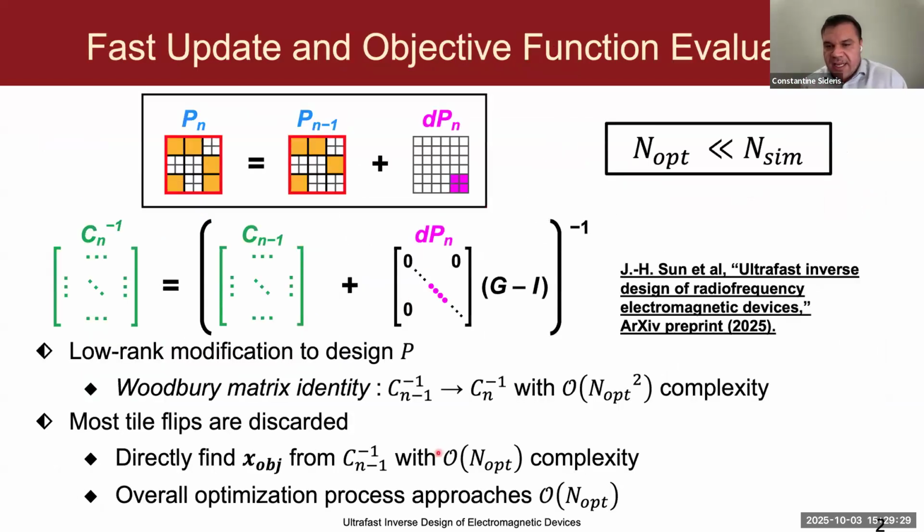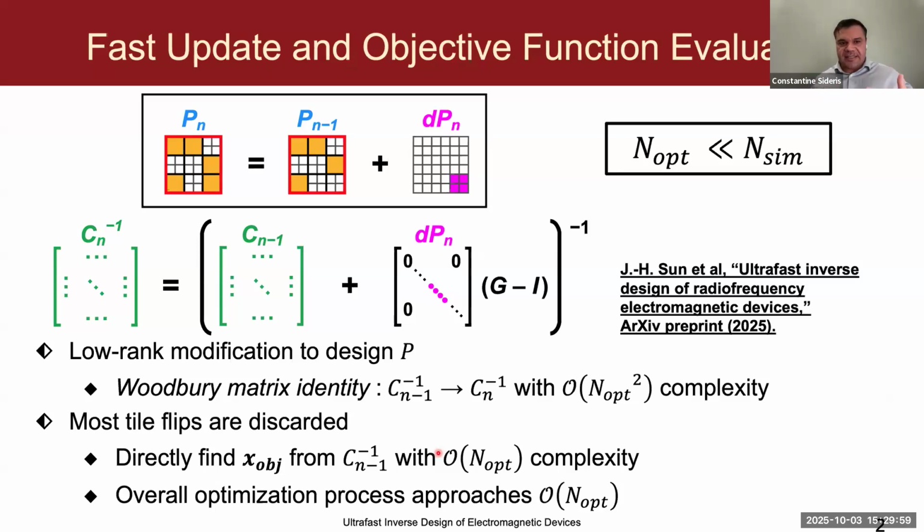Compared to a gradient-based optimization, for example, where you change the whole domain, this method is sparse. And so PNGF already achieves significant acceleration in terms of not having to resimulate the whole design, which is proportional to n sim. We just have to invert a matrix which is proportional to n opt. But we can also leverage the fact that our updates are sparse to accelerate this significantly further, as I mentioned.